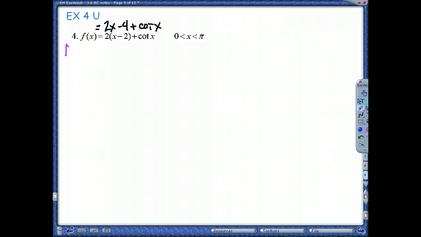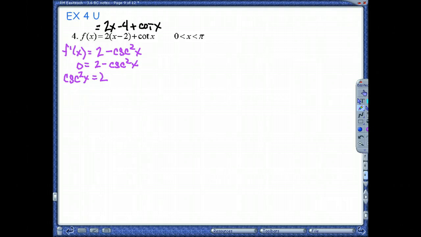We're going to find our first derivative. So the first derivative is going to be 2 minus cosecant squared x. I'm going to find my critical points, so I'm going to set that equal to 0. So 2 minus cosecant squared. I'm going to take my cosecant squared to the other side here.